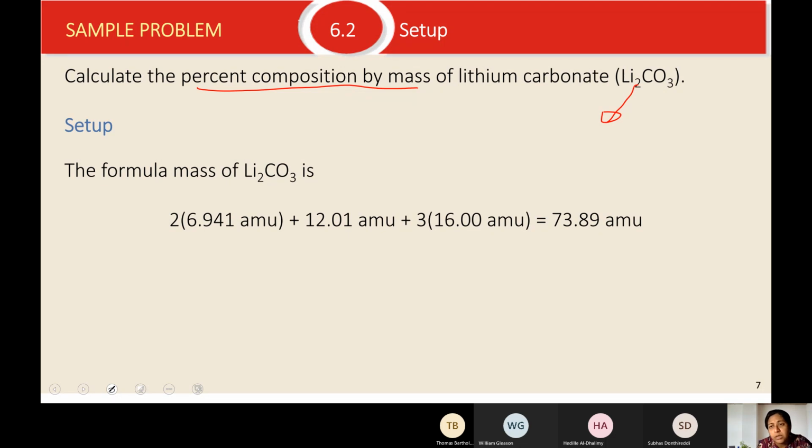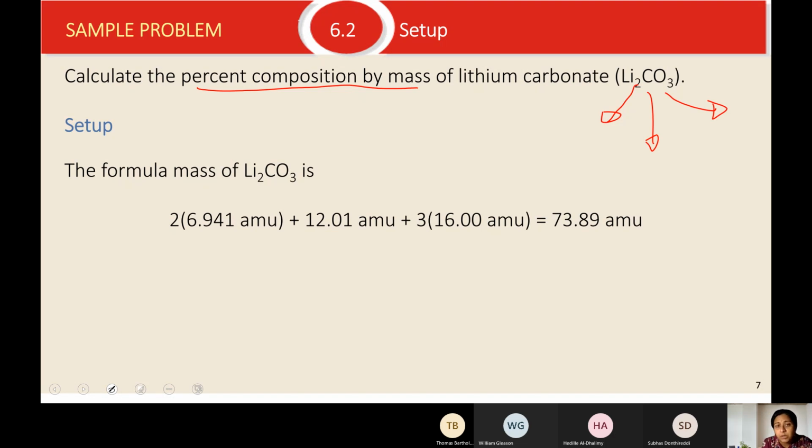How many different elements are there, two or three? There are three: lithium, carbon and oxygen. So you need to give all three percentages for these three different elements in lithium carbonate.